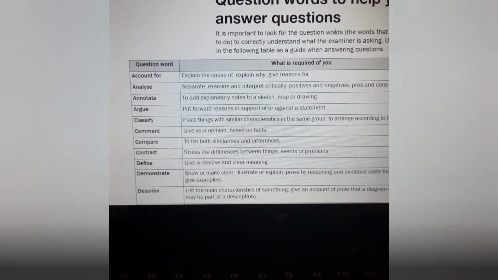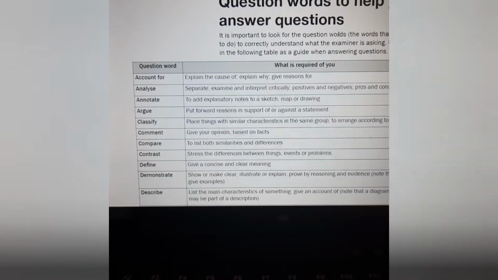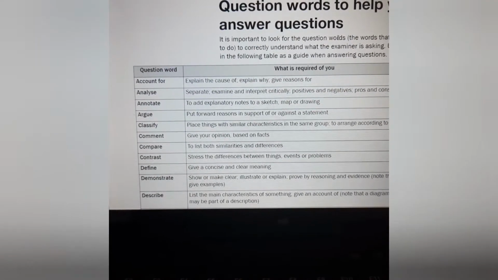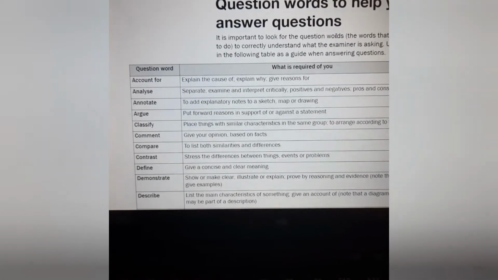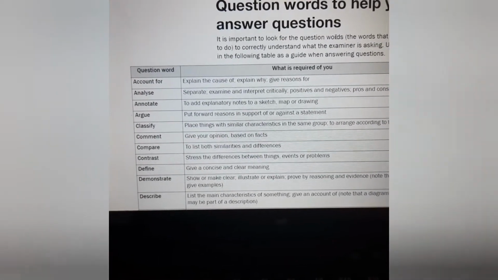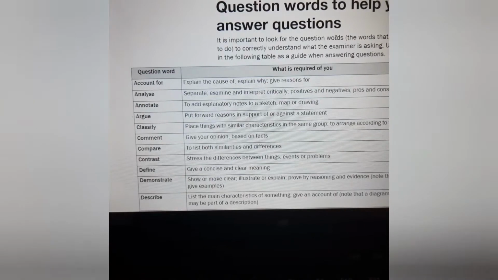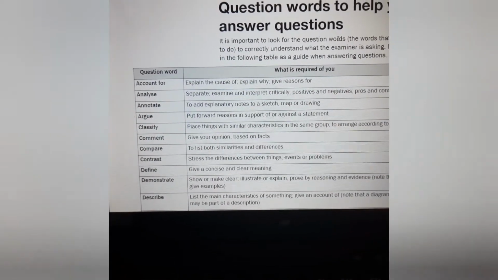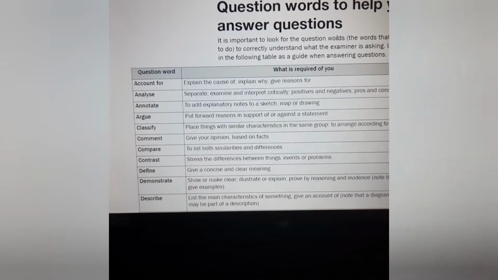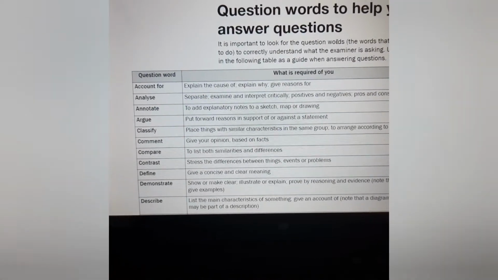When they say annotate, they want you to add explanatory notes to a sketch, map, or a drawing. Argue, you put forward reasons in support of or against a statement. So you're putting in your understanding, you put forward your reasons for supporting or being against that statement.